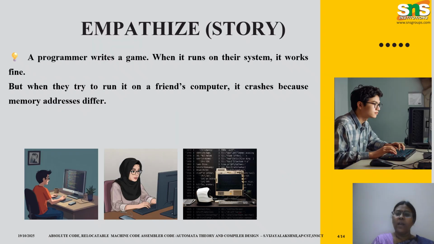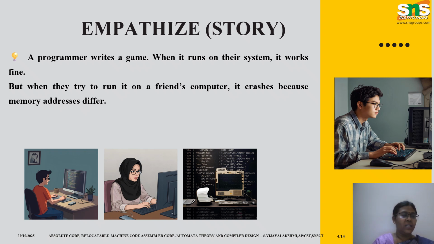Then going to the empathize stage, an early programmer wrote a program or game on her own computer. It worked perfectly on one computer, but when she tried it on another computer, it crashed. Why?